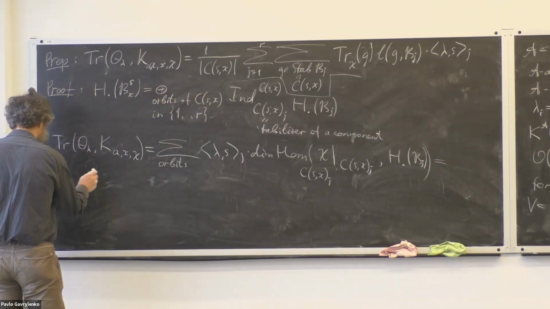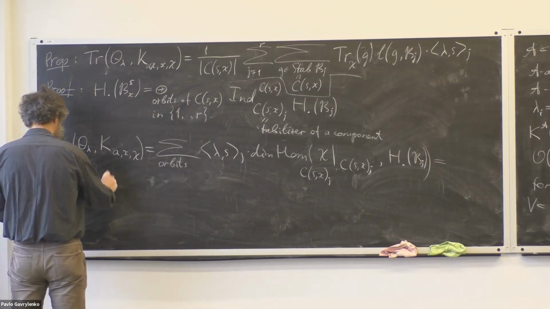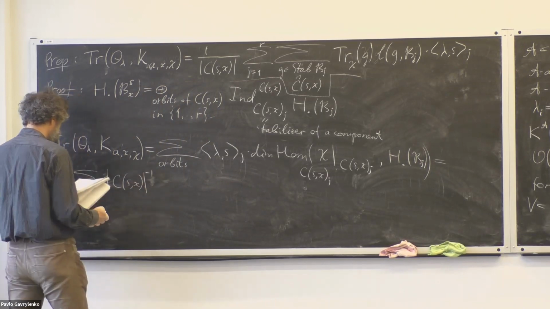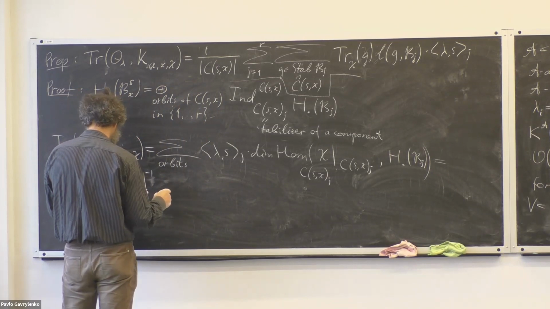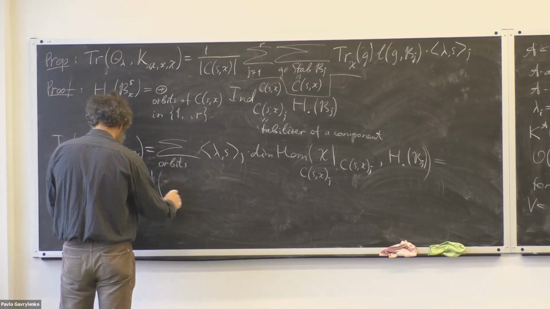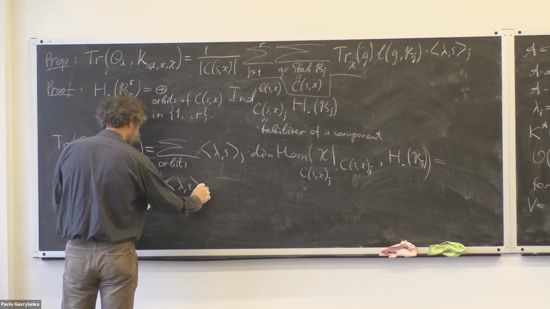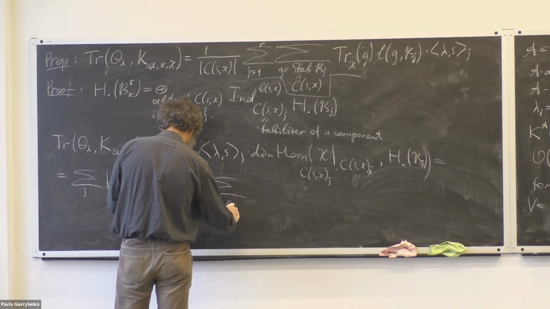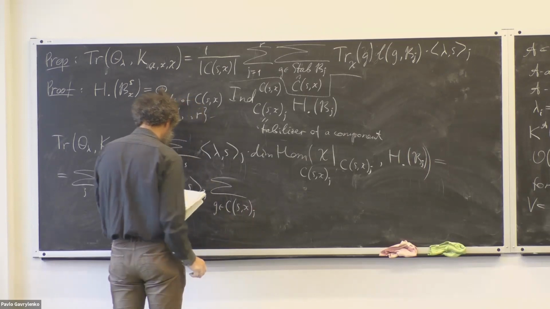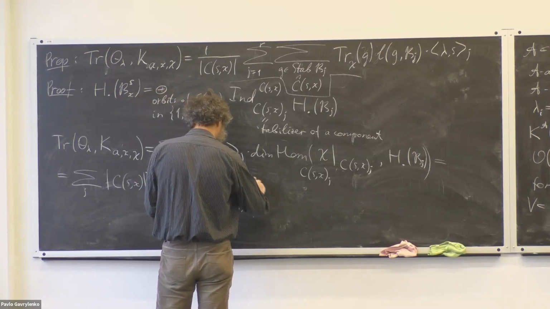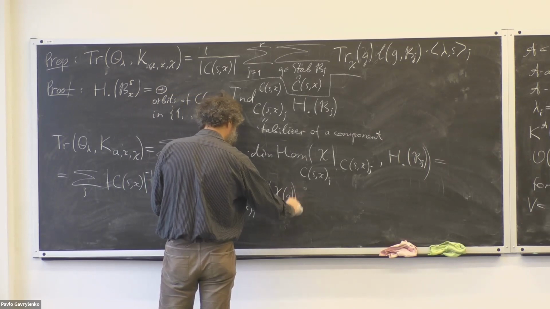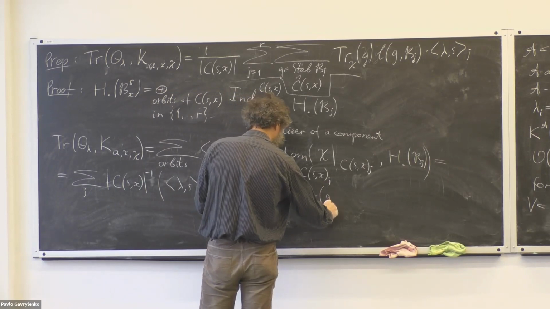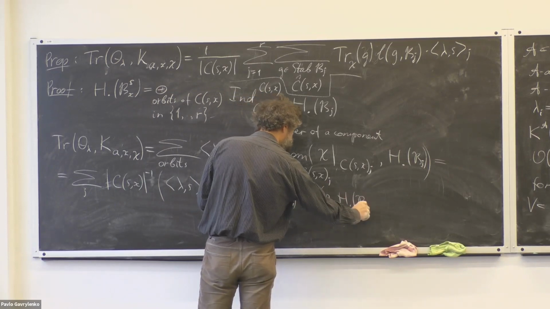So what I get is the sum over j, then the inverse of the order of the component group, and then I take this pairing lambda s, and the sum over elements g in the stabilizer, the trace of chi of g, times the trace of g on the Borel-Moore homology of the component.